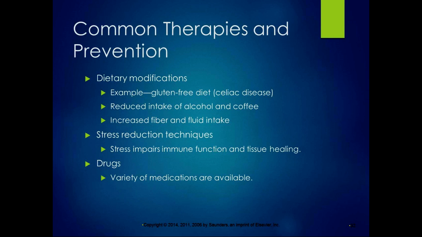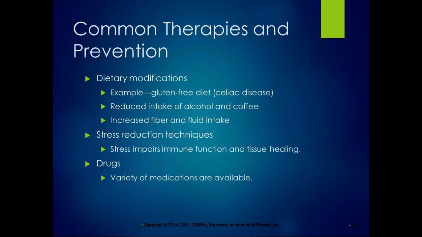The common therapies and prevention of digestive problems are dietary modifications. A good example is a gluten-free diet in people that have celiac disease, and we'll talk a little bit about celiac disease. That's a preventative dietary modification. They prevent problems by not eating that aggravating nutrient.